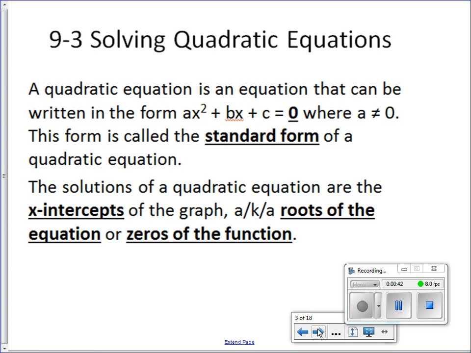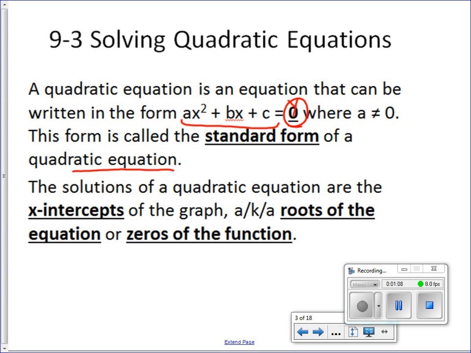Now, this may seem like you've heard this before, and you have, except when we initially talked about this quadratic form, we called it a function, and rather than the 0, we had a y there. When we replace the y with a 0, then we call it a quadratic equation.